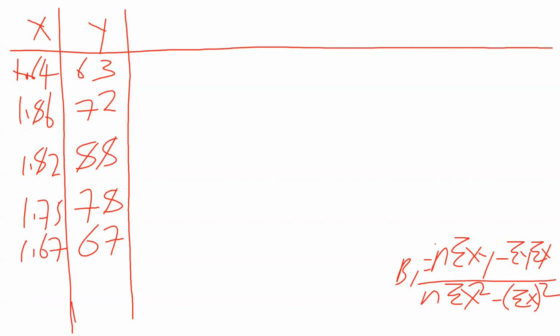We need to sum up the values of x. We also need to sum up the values of y. Then from there, we need to find the x squared. So how do we find the x squared? We need to square these values of x.